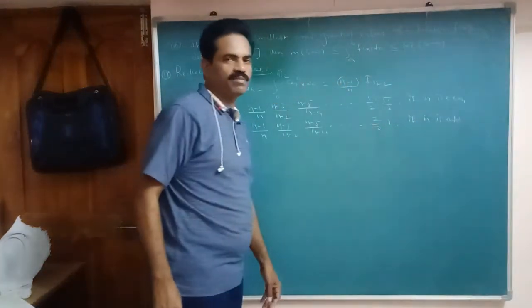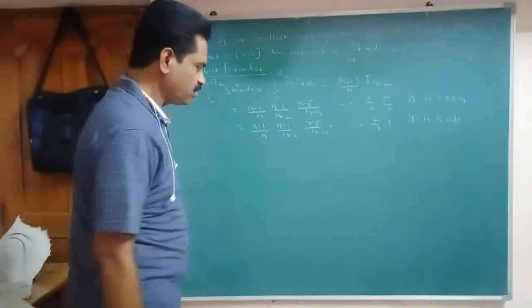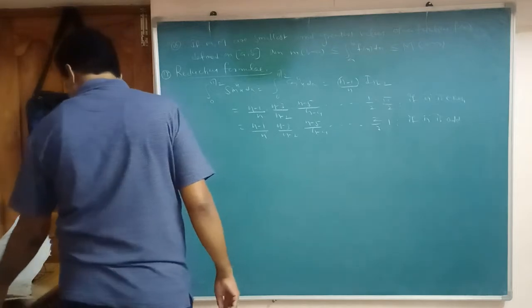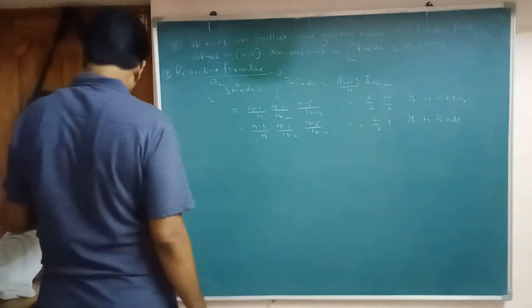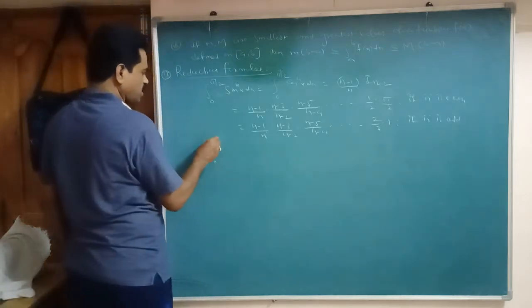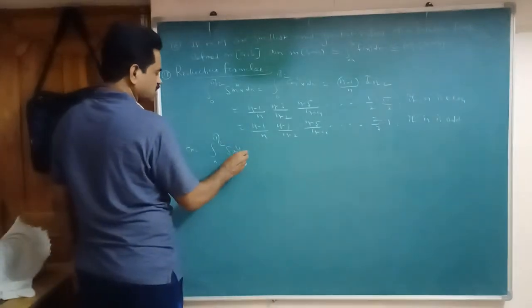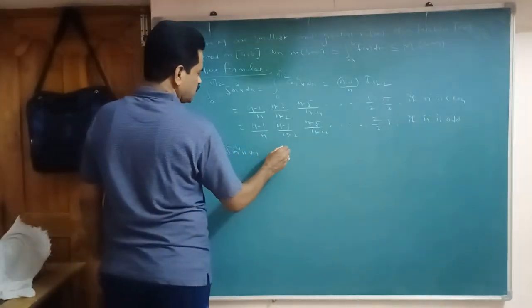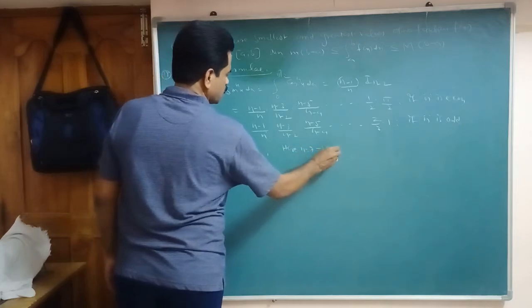These reduction formulas are very important, you have to remember them. For example, we will do the problems here. Integral 0 to pi by 2 of sin power 4 x dx. Here n equals 4, it is even.